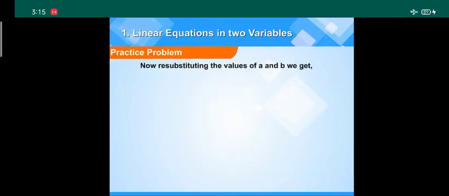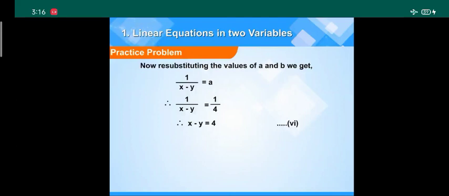Now, resubstitute the values of a and b. We have 1 divided by x minus y is equal to a. Therefore, 1 divided by x minus y is equal to 1 divided by 4. That is, x minus y is equal to 4.